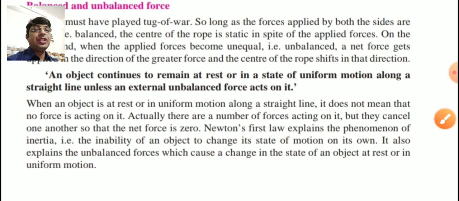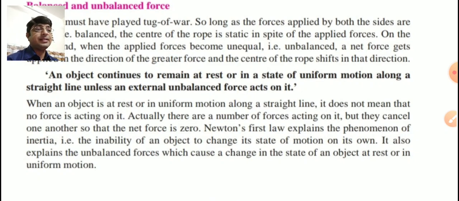When an object is at rest or in uniform motion along a straight line, it does not mean that no force is acting on it. Actually, there are a number of forces acting on it, but they cancel one another so that the net force is zero. Newton's first law explains the phenomenon of inertia.